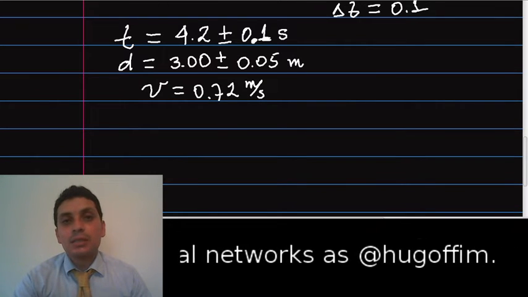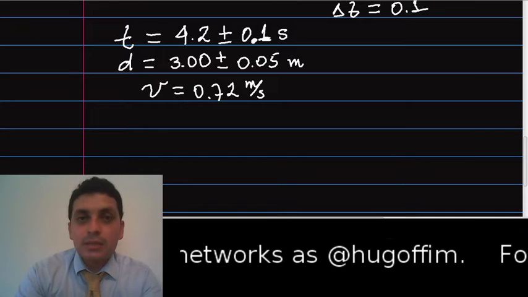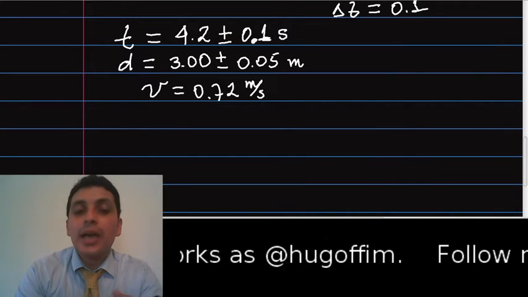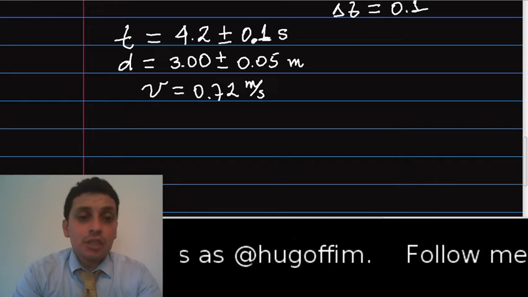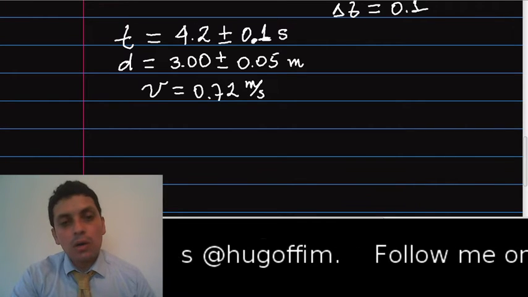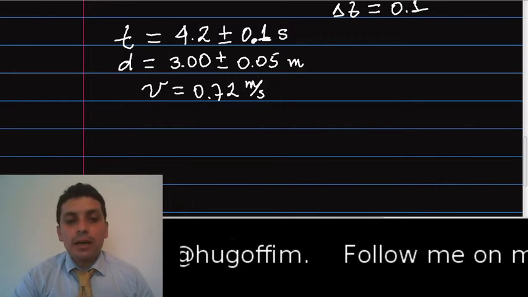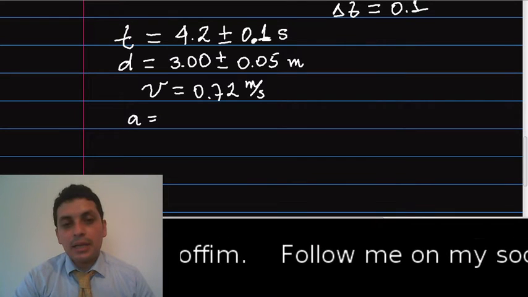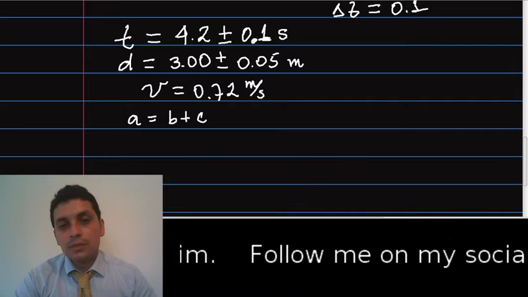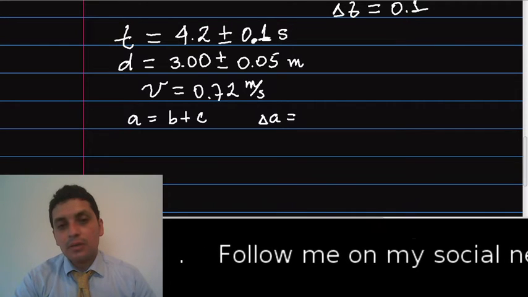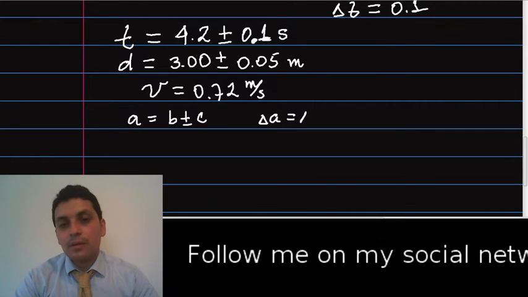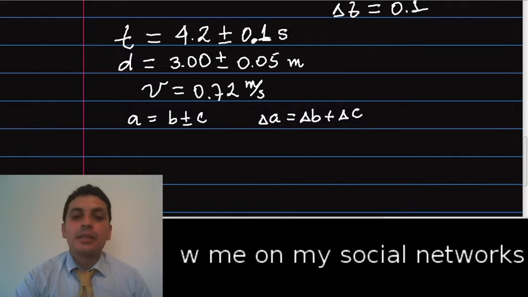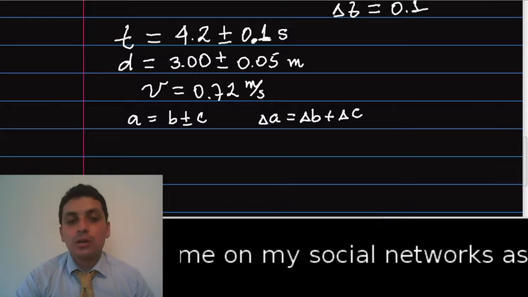But how to determine the uncertainty for velocity? There are some formulas that you apply when you have absolute uncertainties in order to get the uncertainty of the division. For example, if A is the addition or subtraction of two values, the uncertainty of A will be just adding the uncertainties. It doesn't matter if it's addition or subtraction.